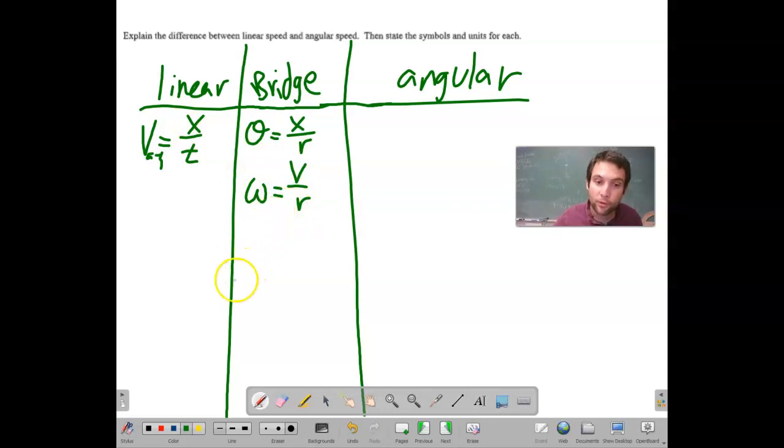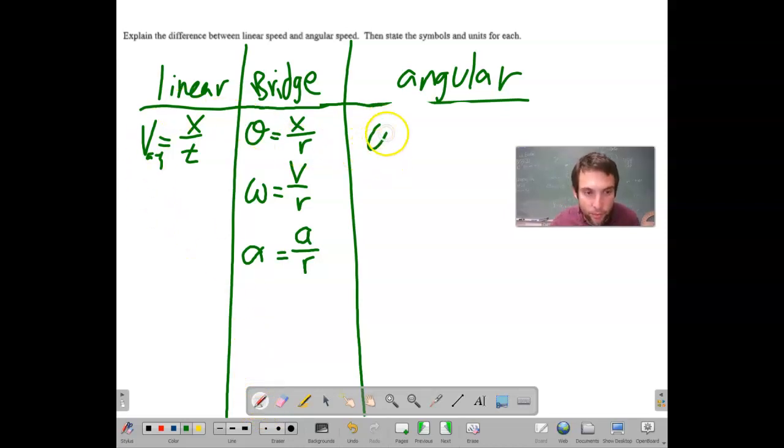I have one more bridge equation, which I'll go ahead and put on here for you now, but we haven't talked about it yet. It's this alpha symbol, and that alpha symbol is angular acceleration. So it's my linear acceleration divided by my radius.